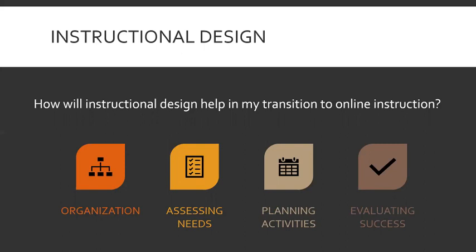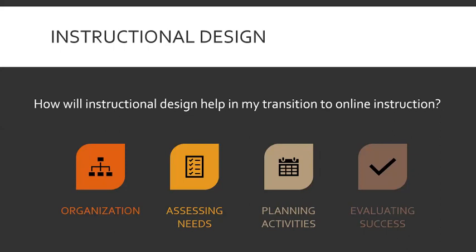Alignment is especially important for online instruction. The huge volume of information present online means choices must be made to maintain focus and avoid straying from the topic at hand.